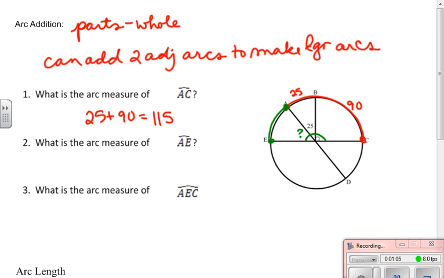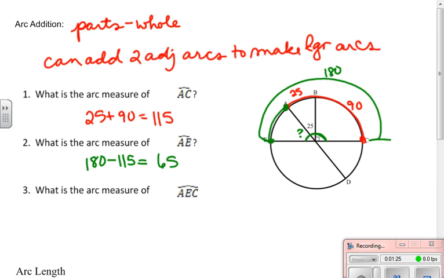But this whole arc here is 180 because that's a semicircle. And so if we subtract 180 minus the 115 of the arc AC, we are left with 65 for this arc right here.